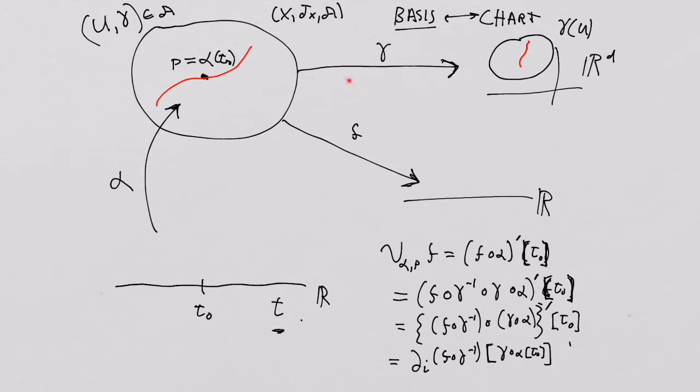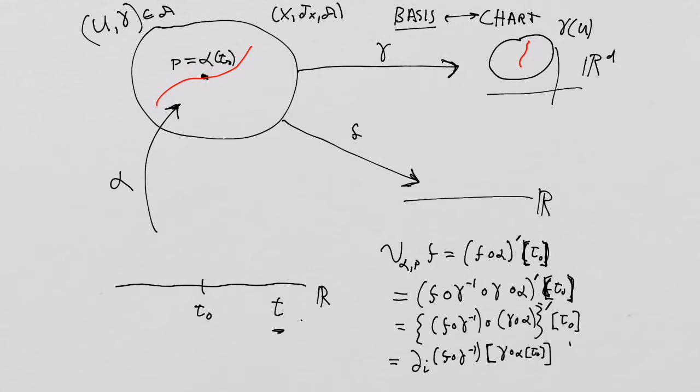Well, what's gamma inverse? The gamma inverse goes from RD to the manifold. Its domain is RD, so it's looking for a D tuple. So it's the derivative with respect to the ith element of the D tuple of this thing. Where is it being evaluated? Well, it's being evaluated at gamma alpha T0. So it's being evaluated at the representative, the chart representative of the point P. I guess I should put that in there.